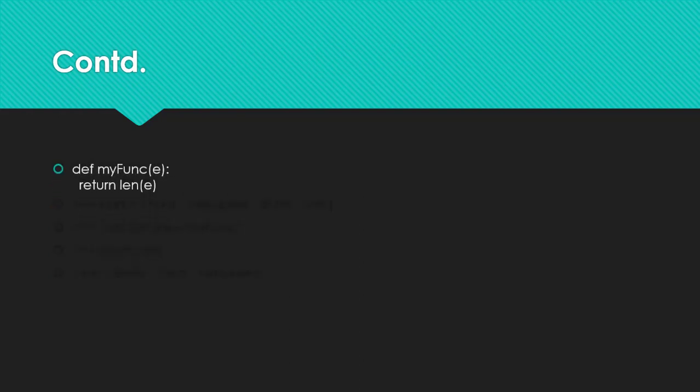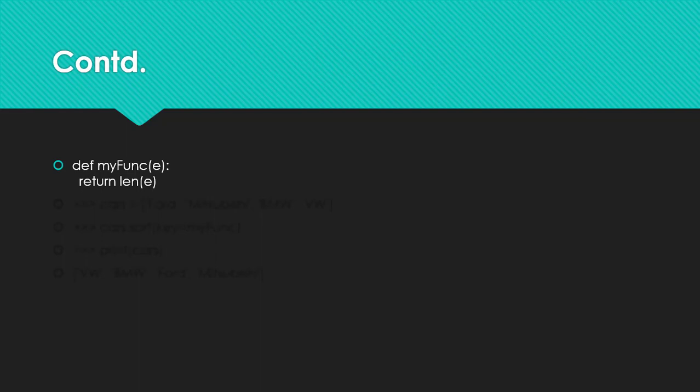Okay, now I told you that there may be a case when we need to sort the list with respect to a particular parameter, say the length of the elements inside the list. So what we have to do in that case, we have to create a function which returns the length of each element. For example, here we have created a function myfunc.